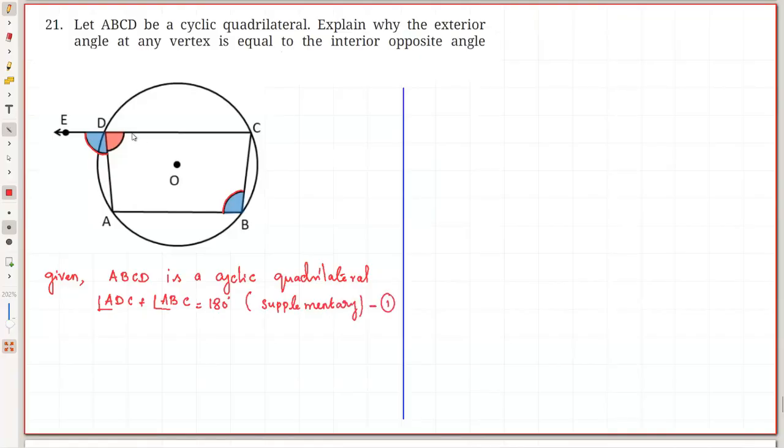Now consider this, this is forming a linear pair. EDC is a straight line. And the sum of two adjacent angles is equal to 180 degrees, right?